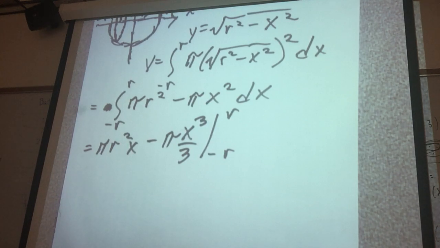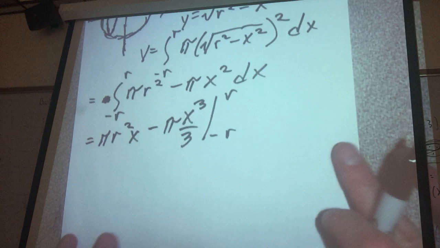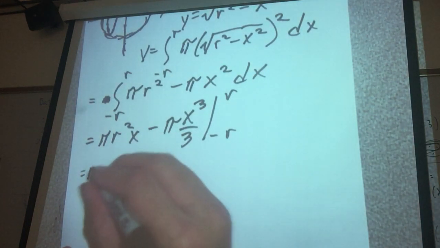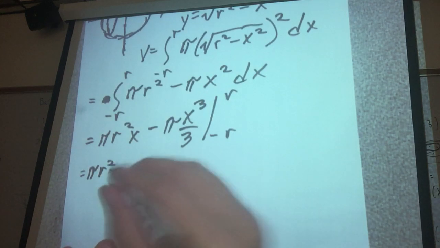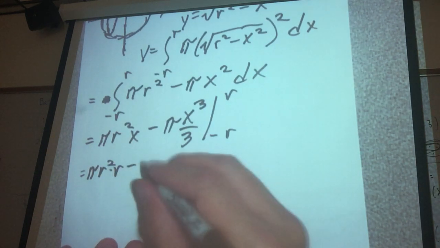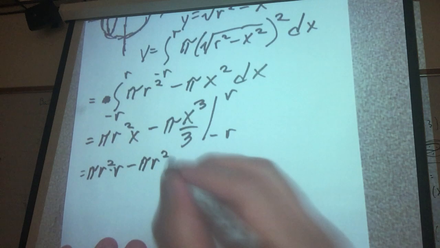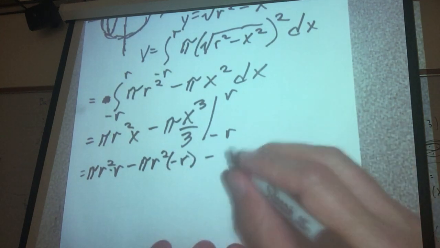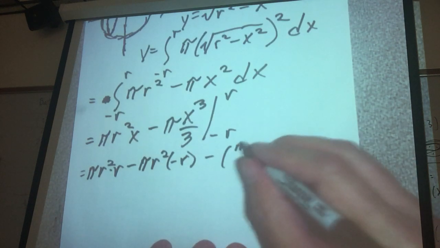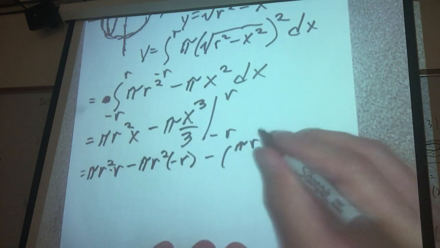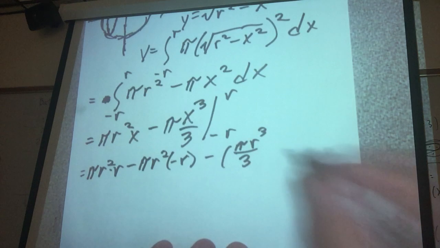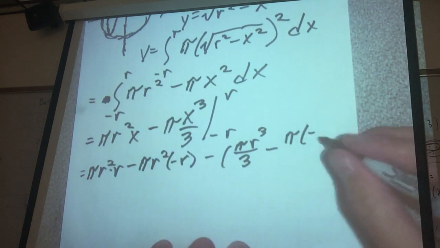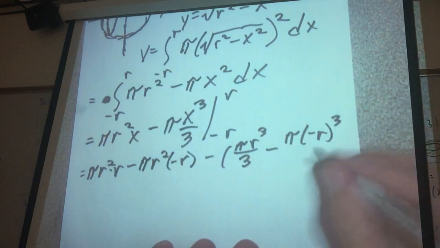So, this is going to become now pi r squared, well, times r minus pi r squared multiplied by negative r, and then minus, let's do this within parentheses, times r cubed divided by 3, and minus pi times negative r cubed divided by 3.